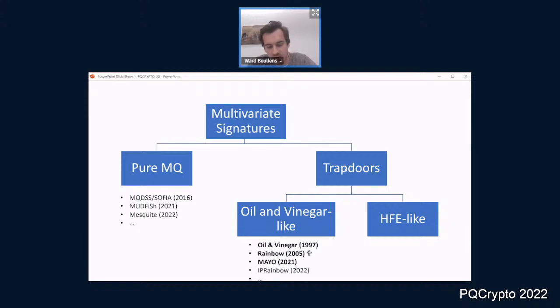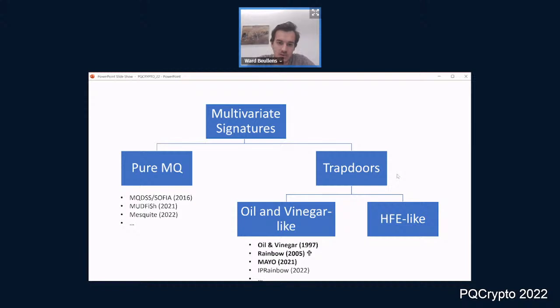I'm going to talk more about these trapdoor signatures. Here, you don't rely on a random multivariate system, but some trapdoor system. So we not only require that solving random systems is hard, but also that somehow you can trapdoor them in a way that doesn't lose security. I think there are two families of trapdoored MQ signatures.